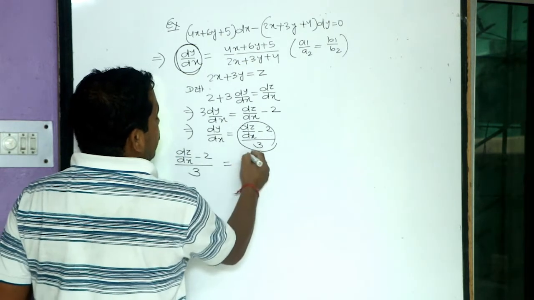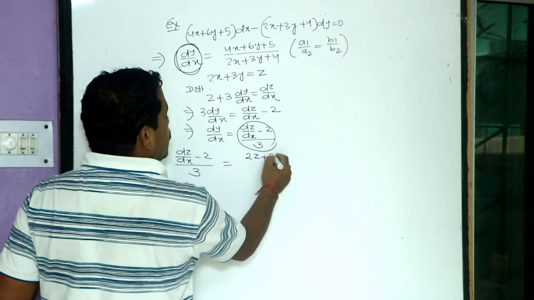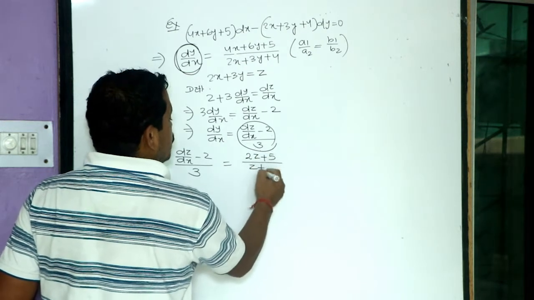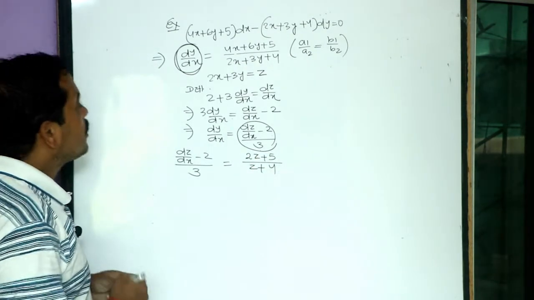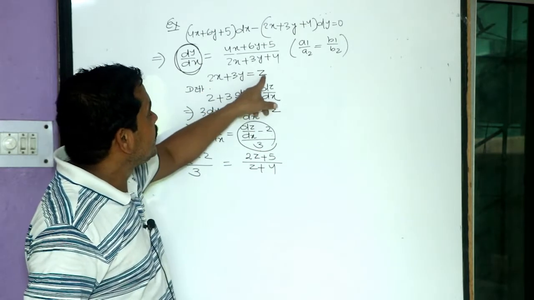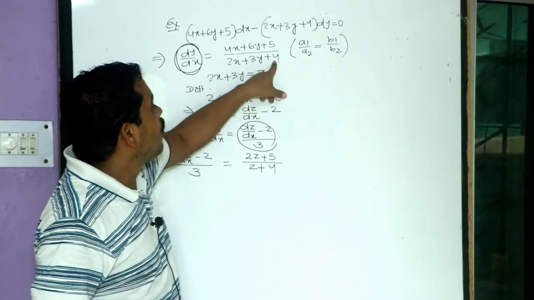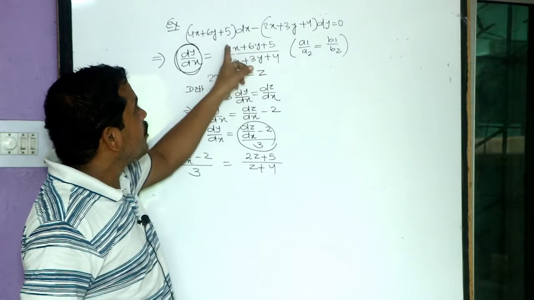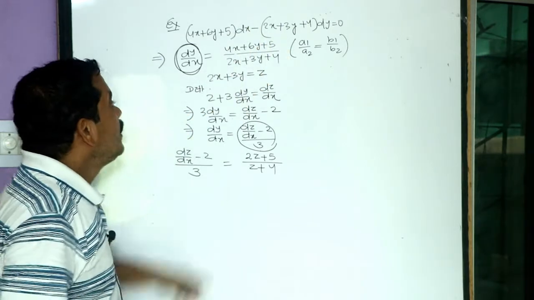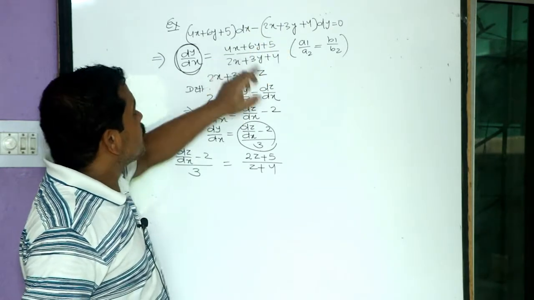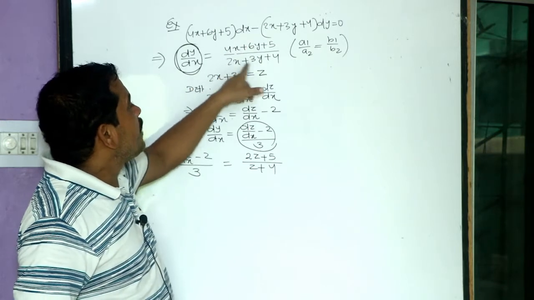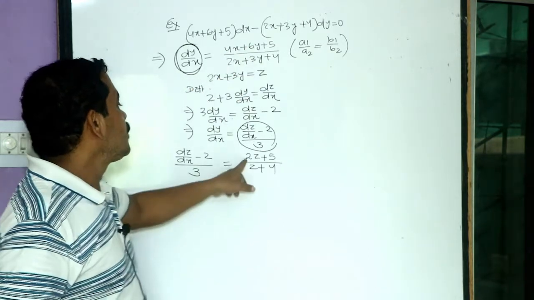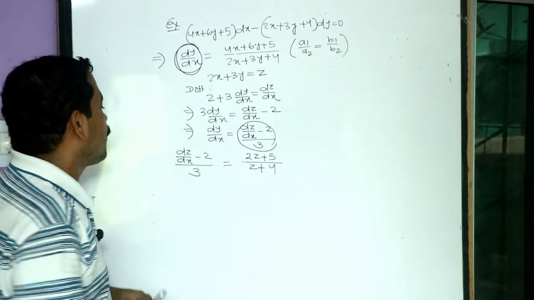Then the right hand side becomes (2z + 5)/(z + 4). Because we take 2x plus 3y as z, the denominator is z plus 4, but the numerator becomes 2z plus 5, because the numerator is 2 times the denominator. So that is (2z + 5)/(z + 4).